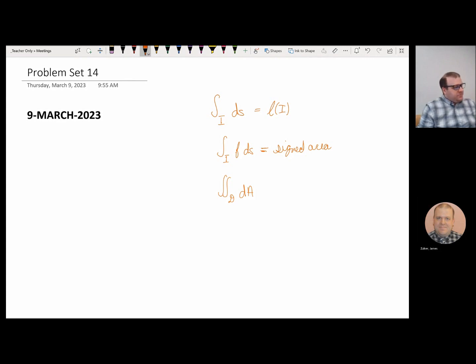What do we think if we just integrate over a domain D, two-dimensional domain D, dA, what's the result going to be? That's a script D.